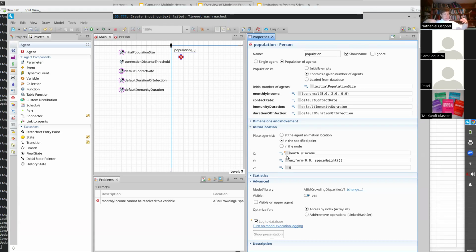We're in main, dictating the rules to use for each agent in this population. So how are we going to refer to each agent? Well, you can follow the little thing here, but you use self. See, it says person can be referred to as self. That's the person in the population. So we say my income, self dot monthly income.